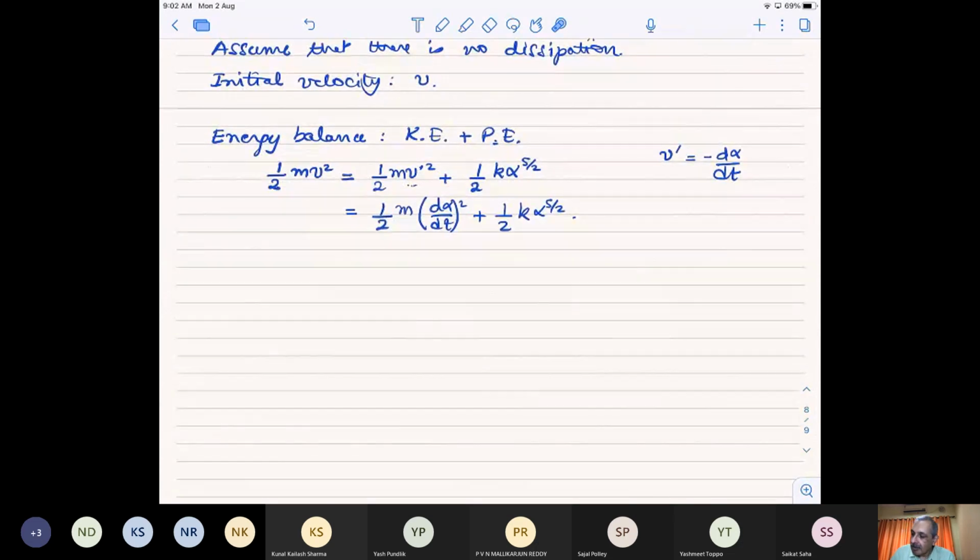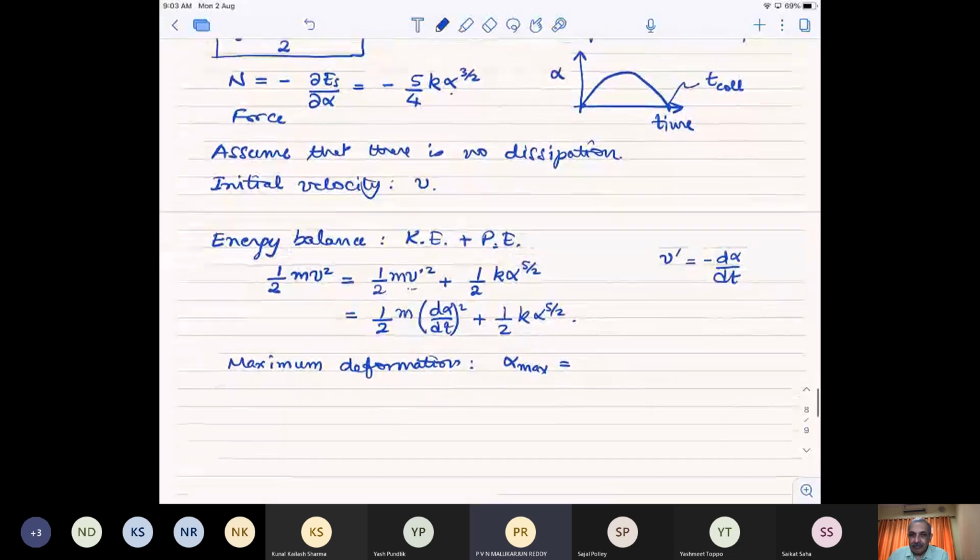So first thing, can someone tell me what will be the maximum deformation? Just by looking at this, can you tell me what will be the maximum deformation? We'll call that alpha max. So what will it be? Correct.